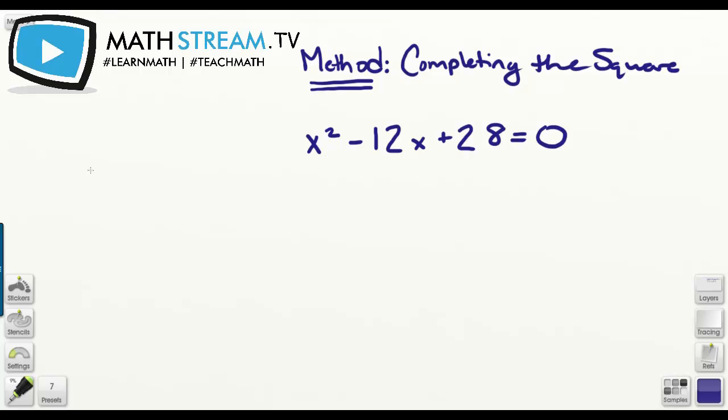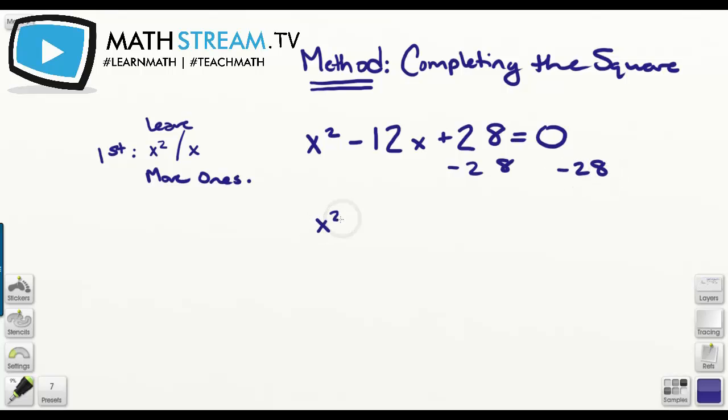The first step is to move everything away except for the x squared term and the x term. So leave x squared and x and move the ones. In this case, the ones are the 28. So let's move it to the other side to get it out of the way.